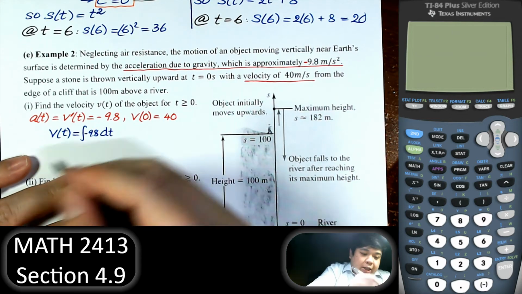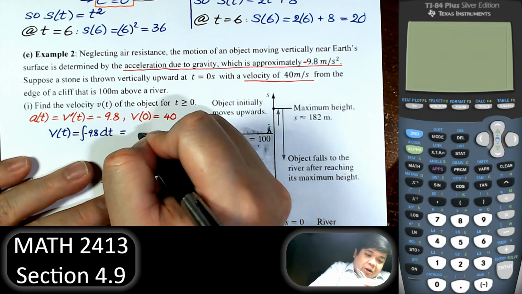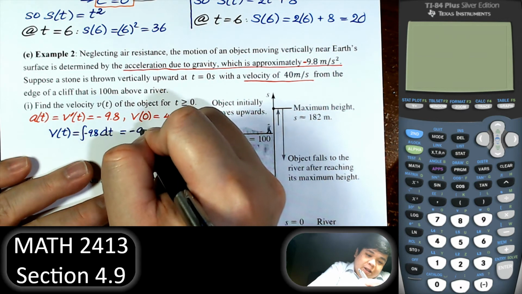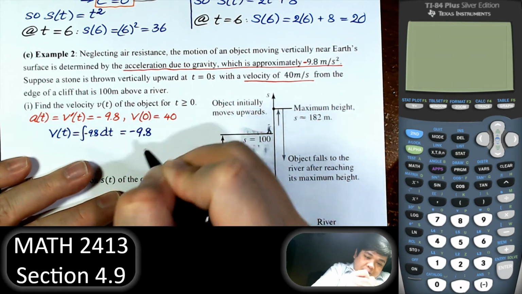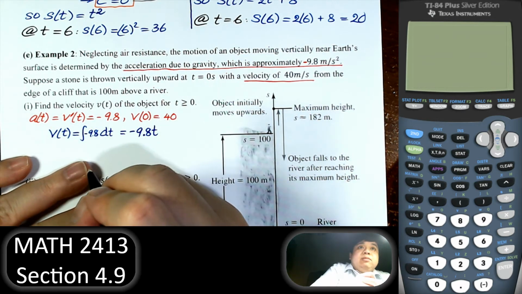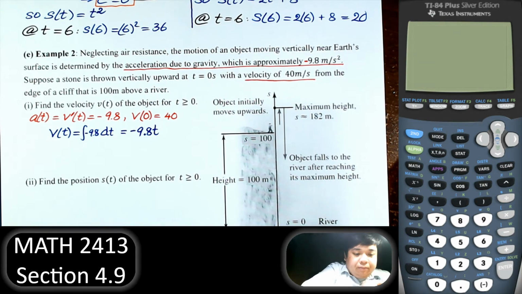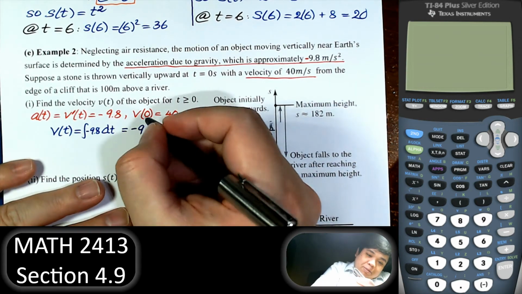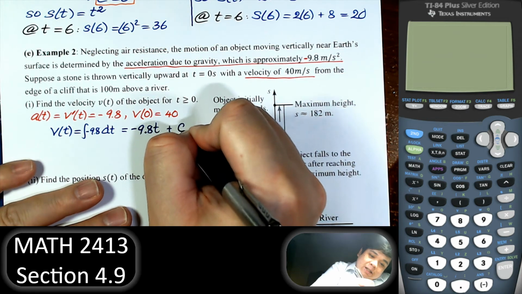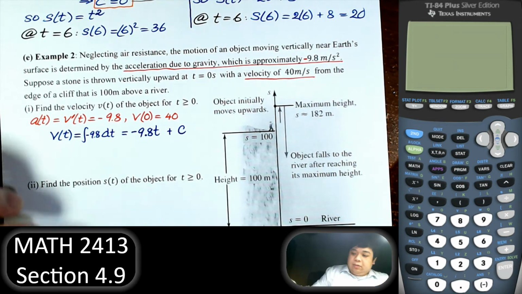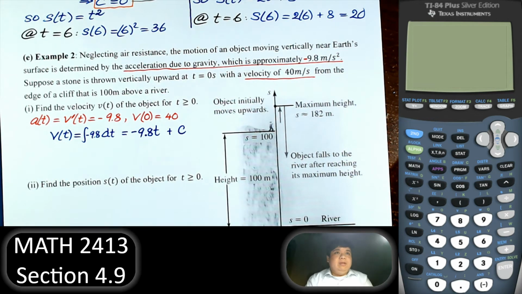Right, and that's just a constant. So the integral of a constant is that constant times t, right? Then plus a constant c.